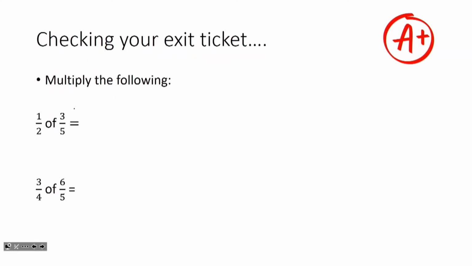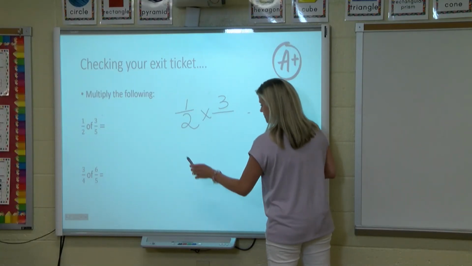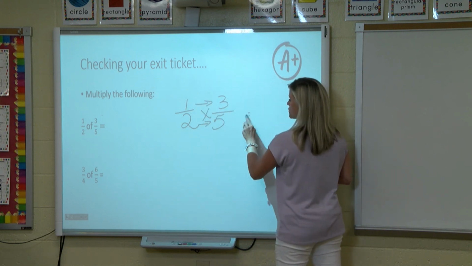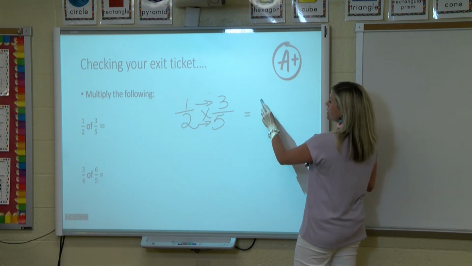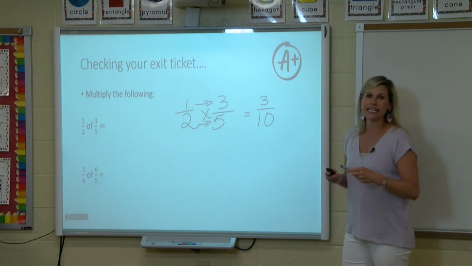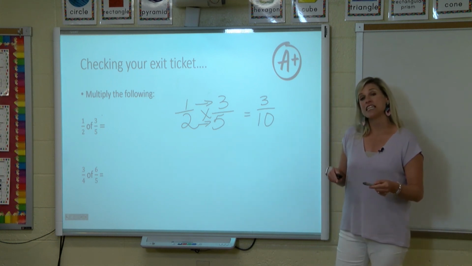If you did just standard multiplication, half of 3/5 would be 3/10, because we just simply go straight across. 1 times 3 is 3, and 2 times 5 is 10. 3/10.